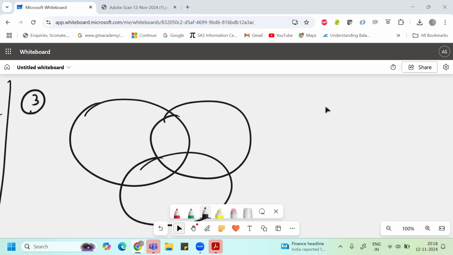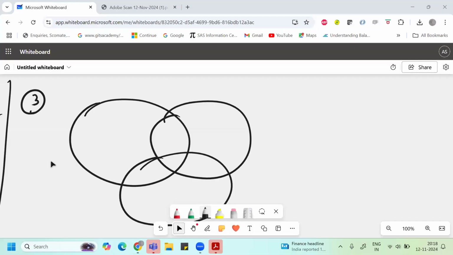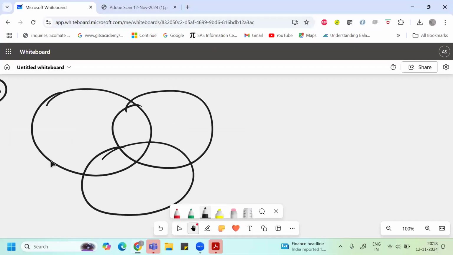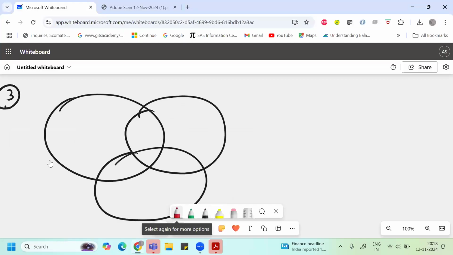One minute, just hold on. So if I draw a 3-Venn diagram like this, and this is the number divisible by 2, 3, 5 or 7. Number divisible by 3, suppose this is A. And what is B?